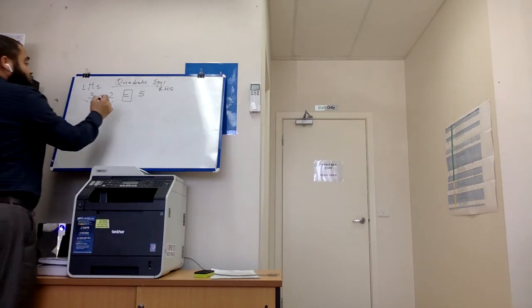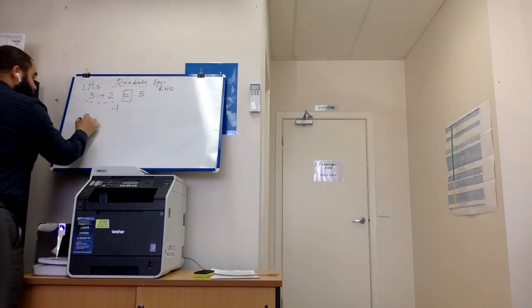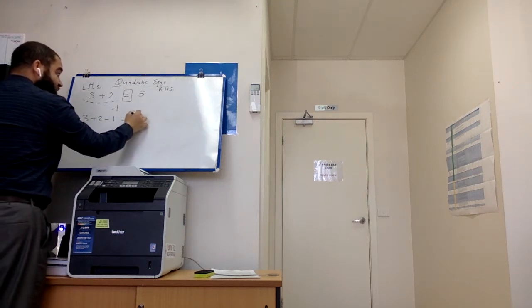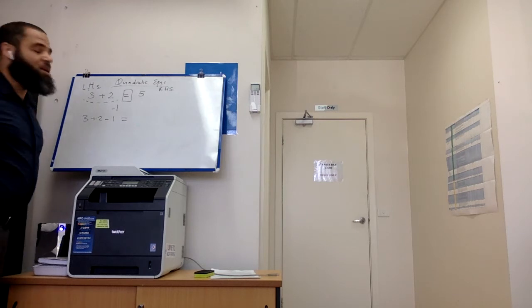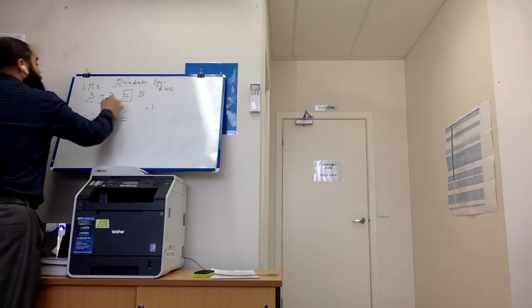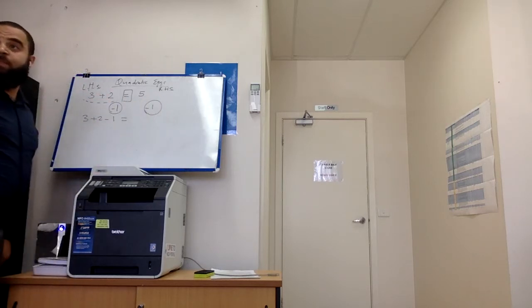If I need to subtract 1 here, shall I say 3 plus 2 minus 1 is still equal to 5? What do you say, Steve? No, so I must do the same here.